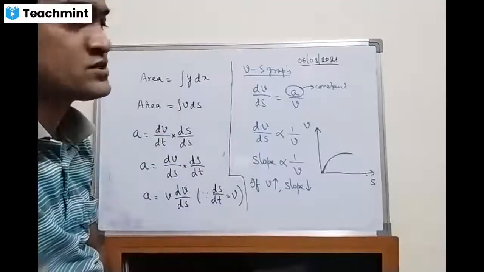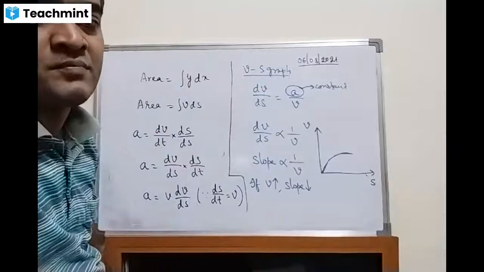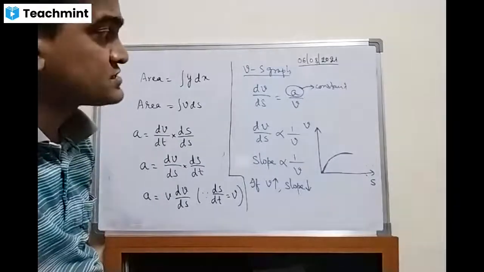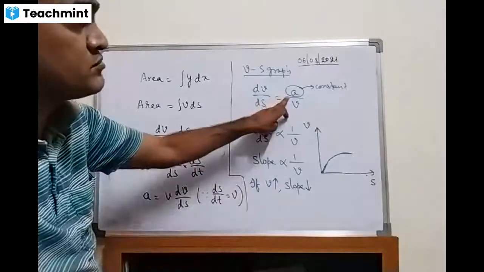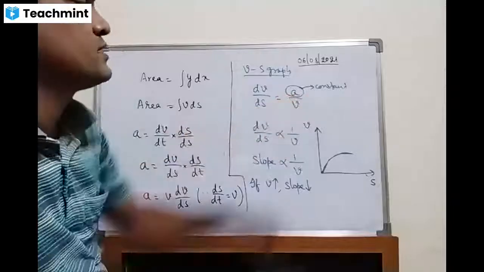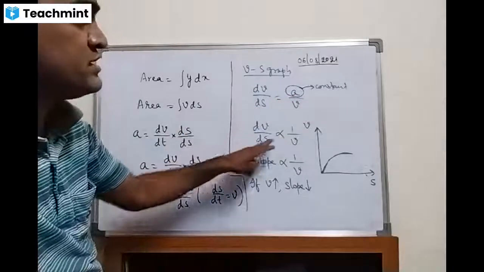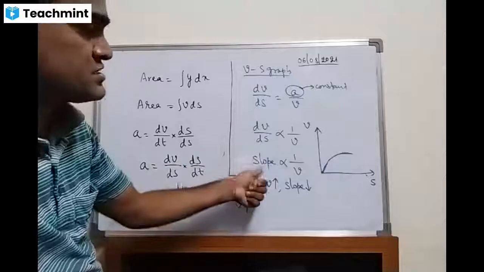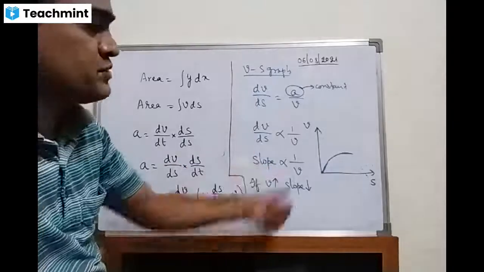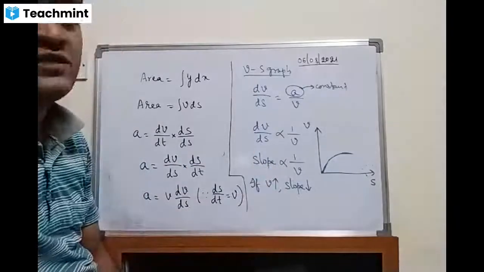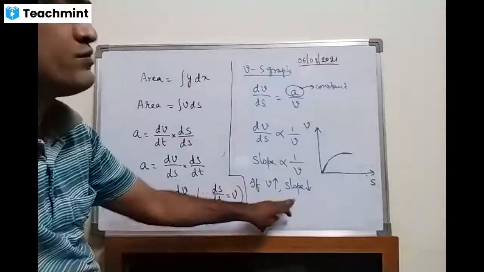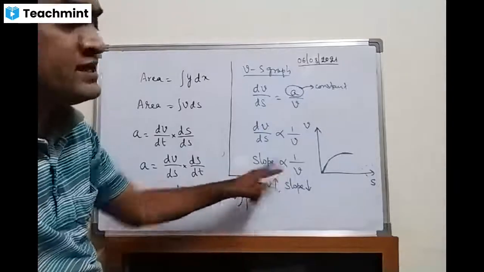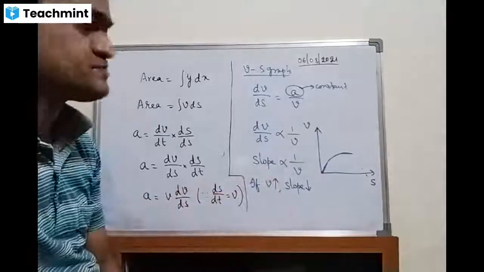If the particle moves with uniform acceleration, then acceleration becomes constant. Then dv by ds is inversely proportional to velocity. If v increases, slope will decrease, or if v decreases, slope increases.